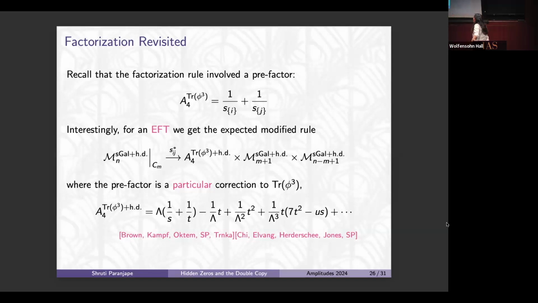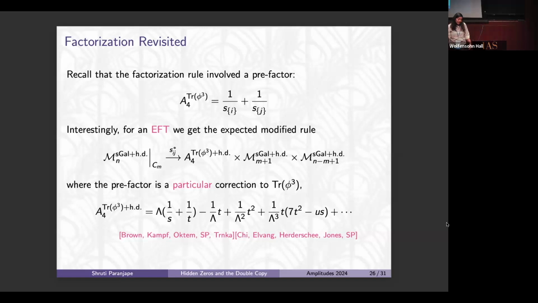So this prefactor that's been corrected with higher derivatives can be identified as a trace phi cubed amplitude with high derivative corrections, but you'll notice this is not all possible. Like this 7 should already really concern you a little bit, right? So these are not generic high derivative corrections.